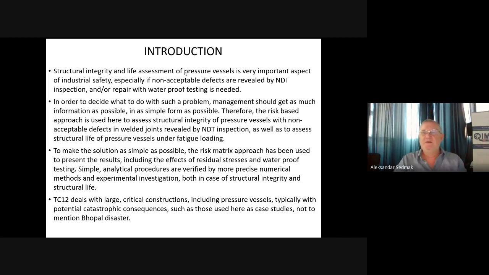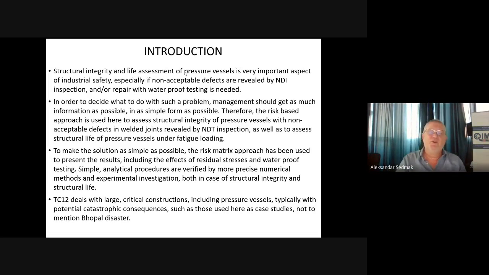Like in the previously mentioned case of the Alaska pipeline, it was the state, more concretely the USA Department of Energy. But in any case, it is up to us, engineers and experts in fracture mechanics, to present the case to the management. And then either they will decide, or maybe we will all together decide.